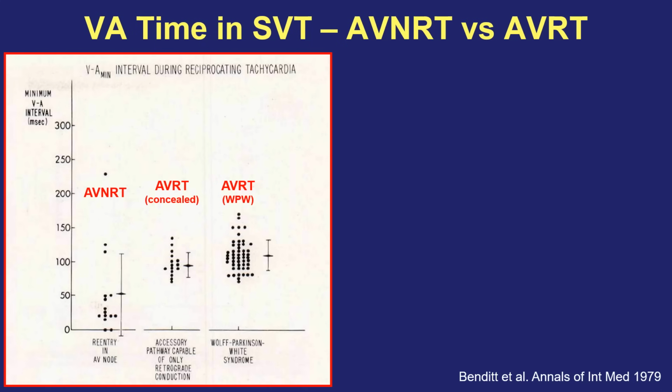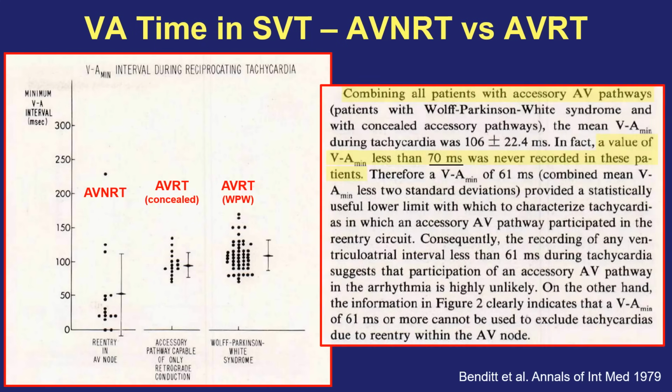And so what did they find was the minimum interval? They found that if they looked at all patients with accessory pathways, both overt and concealed, a VA time less than 70 milliseconds was never recorded during SVT. So that 70 millisecond cutoff is an absolute.